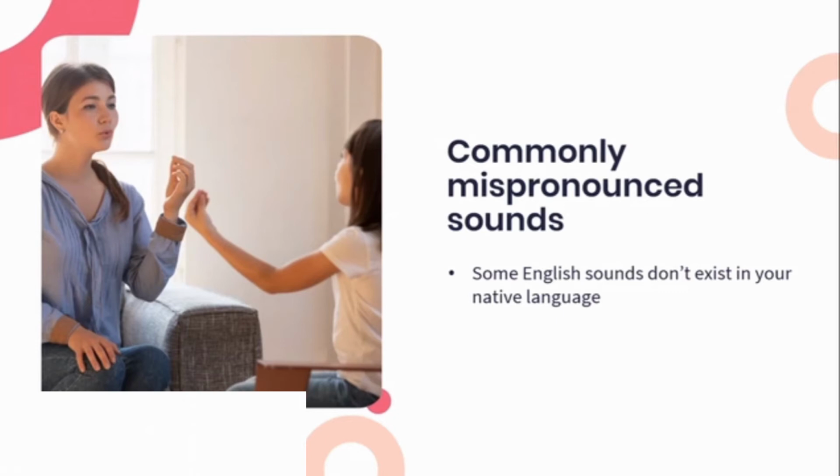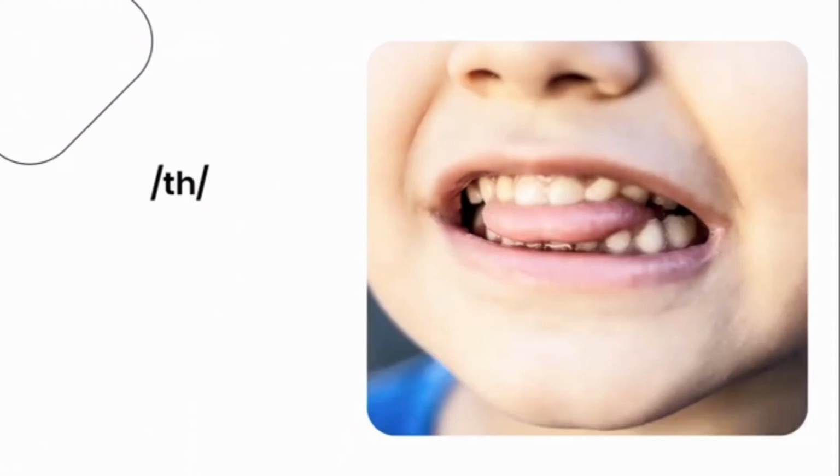The first step is to become aware of the mistakes you are making, and then you can work on fixing them. So, let's get aware and go over some common pronunciation errors that many second language speakers make. Firstly, there's the TH sound.